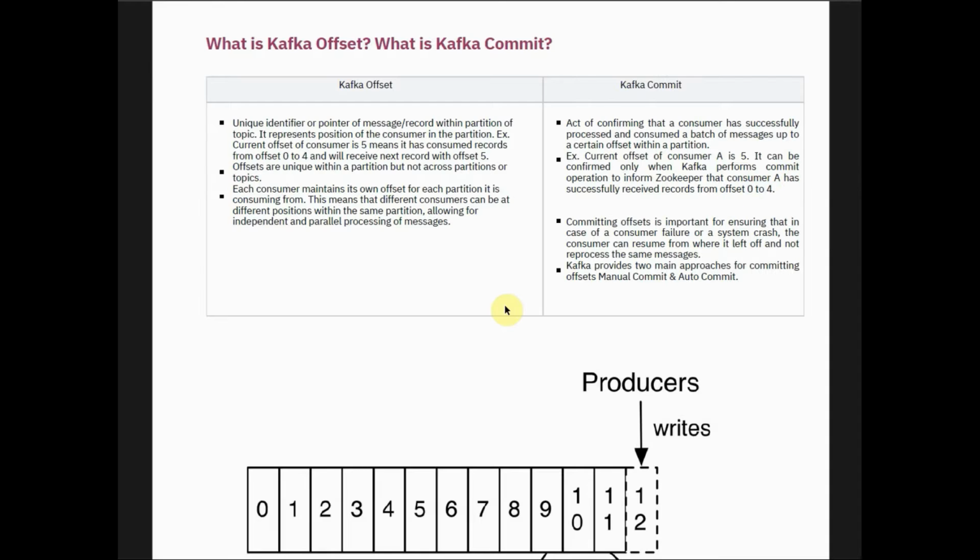Committing offsets is important for ensuring that in case of consumer failure or system crash, the consumer can resume consuming messages where it left off instead of reprocessing the messages again. Kafka provides two main approaches for committing. One is manual commit, one is auto commit. By default, auto commit is enabled.